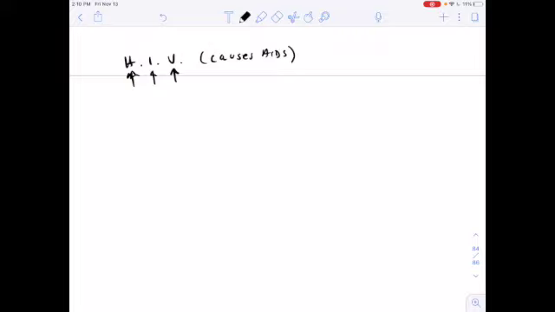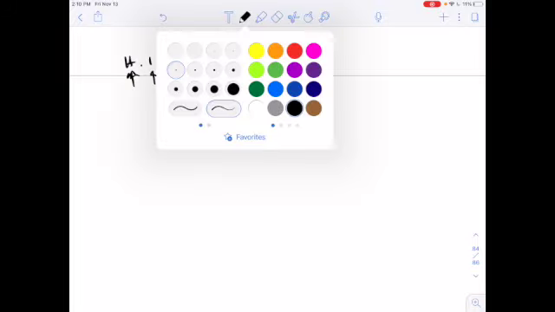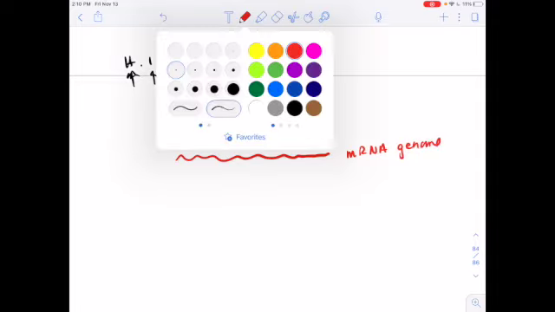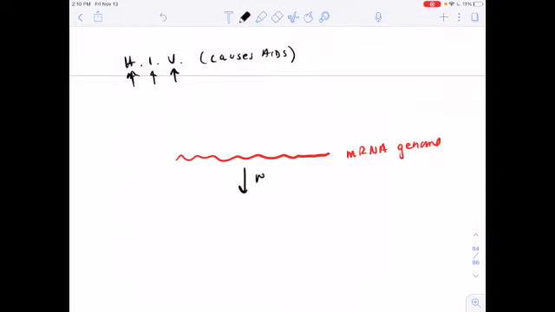And here's why. HIV has a messenger RNA genome. It gets reverse transcribed into DNA, and its genes are all going to be on here in the DNA.